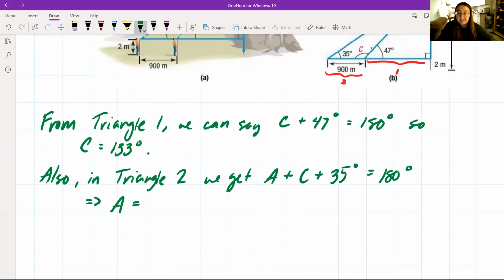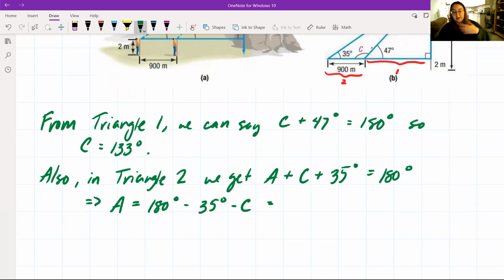Which then we can say that A is going to be equal to 180 degrees minus 35 degrees minus C, which we have our angle measurement of C from, which is 133 degrees. We got our value of 133 degrees.